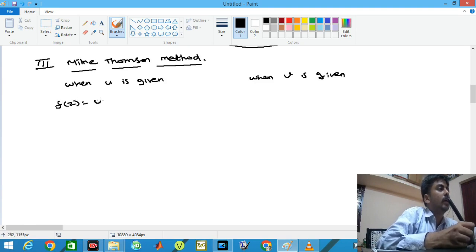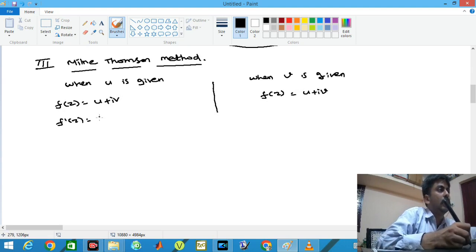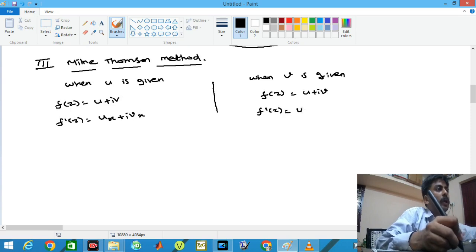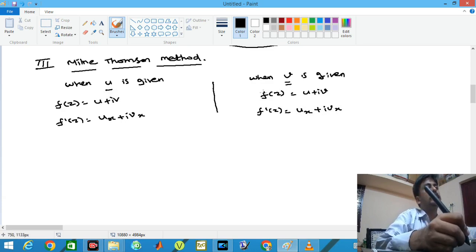f of z equal to u plus iv. We know that f of z equal to u plus iv. What is f dash of z? f dash of z equal to ux plus ivx. But here we have the value of u alone as the known thing, and there we have the value of v alone as the known thing.